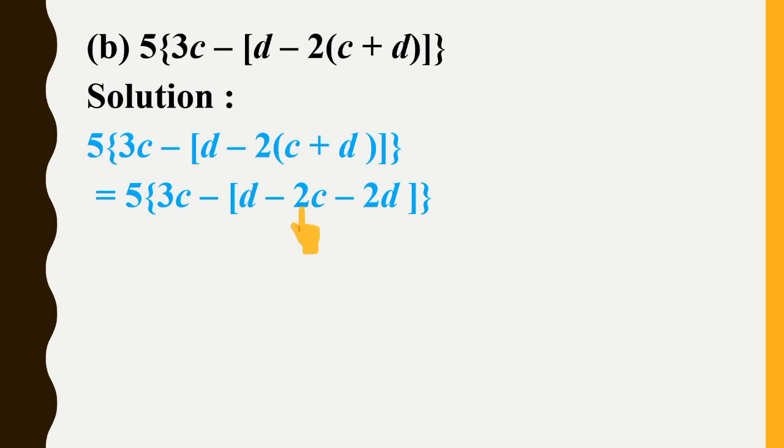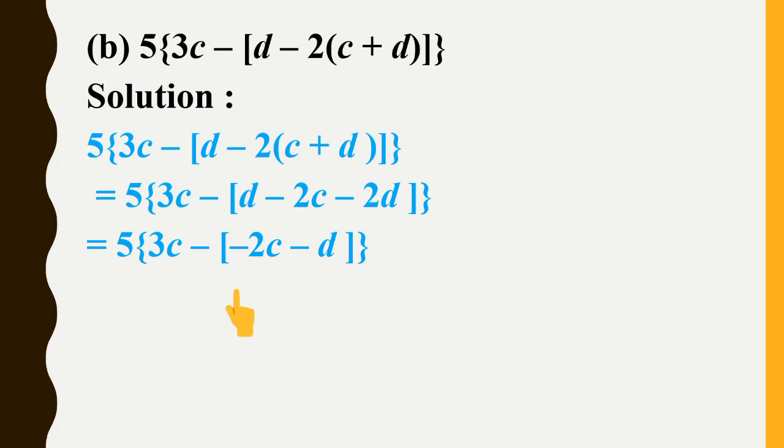Now we solve this square bracket. Students, d and -2d are like terms, so d minus 2d will be -d. So 5{3c - [-2c - d]}.